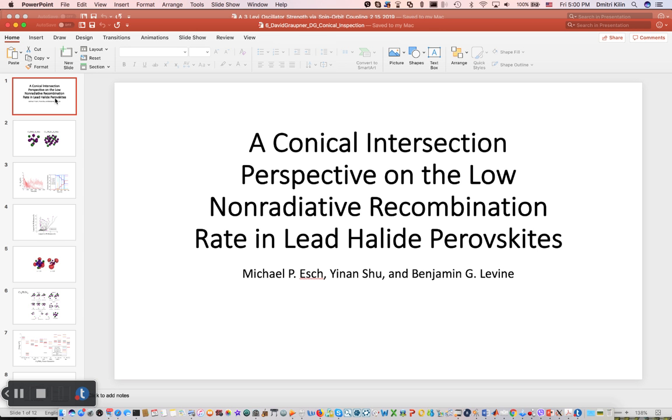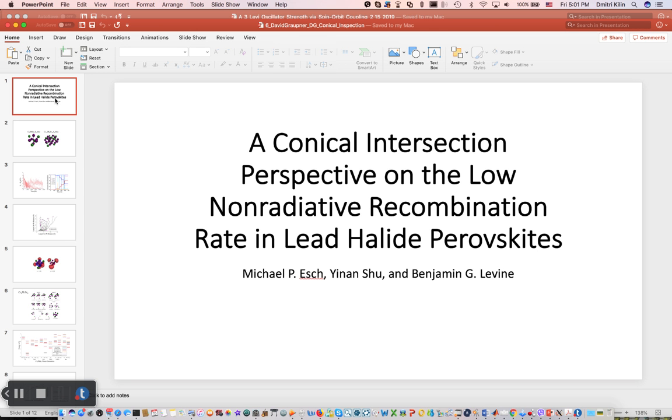So what is a conical intersection? A conical intersection is a point where two potential energy surfaces, from an excited state and the ground state, meet. So it has to be ground and excited? I don't know if it has to be. Would two excited states work? I believe two excited states would work, but I'm not sure of that.